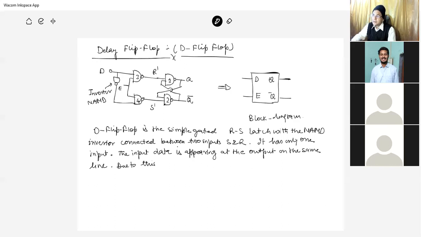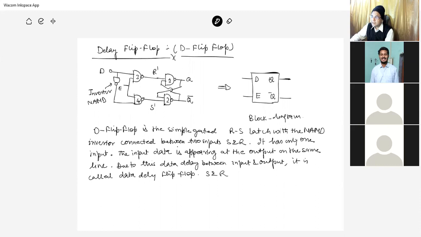Due to this data delay between input and output, it is called data delay flip-flop. Data delay flip-flop.